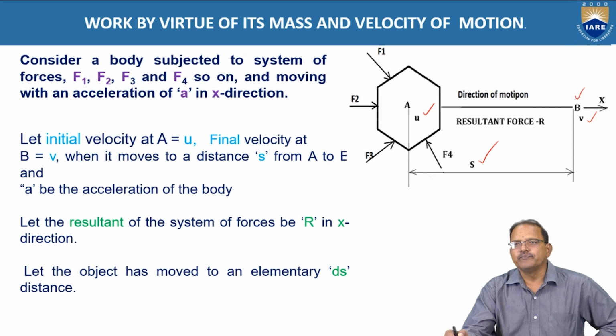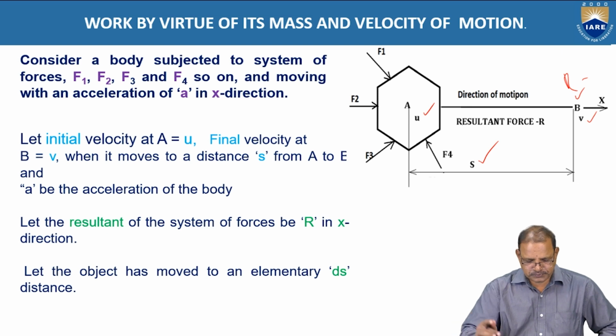And let a be the acceleration of the body. The resultant of all the forces when resolved in the direction of x, assume R is the resultant of all the forces in the direction of x now.